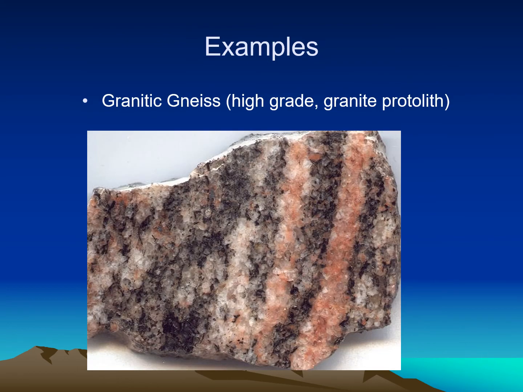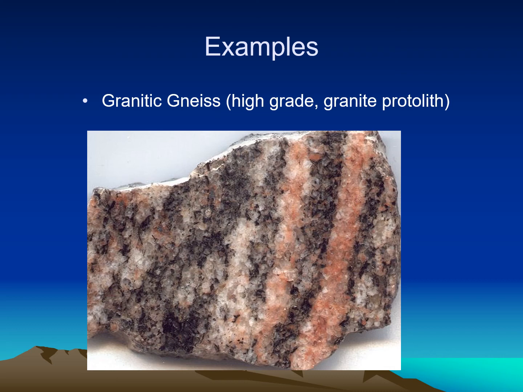Okay, so we mentioned earlier in this presentation that gneiss, banded gneiss, can have at least a couple different parent rocks. Actually, there's a few parent rocks it can have. We'll just discuss shale parent rock versus granite parent rock. So how can you tell the difference? Well, they'll look different. And of course, cutting thin section slices of them and looking at them with a petrographic microscope certainly helps.